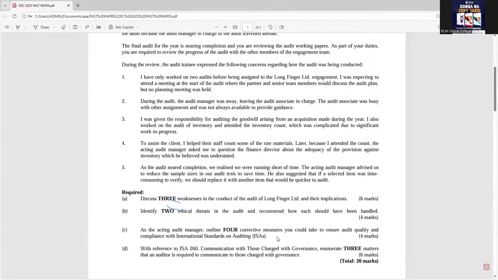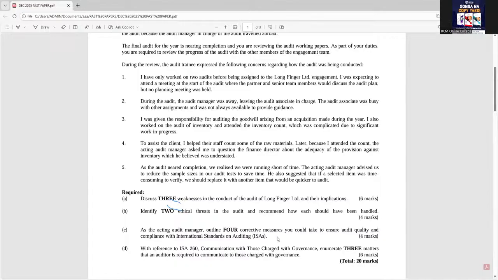All the ethical requirements for an audit should be observed. We're talking about integrity, professionalism, independence and objectivity. Competence has also been observed. Then after the work has been conducted, you review. At the same time, when the work is happening, you ensure there's supervision.